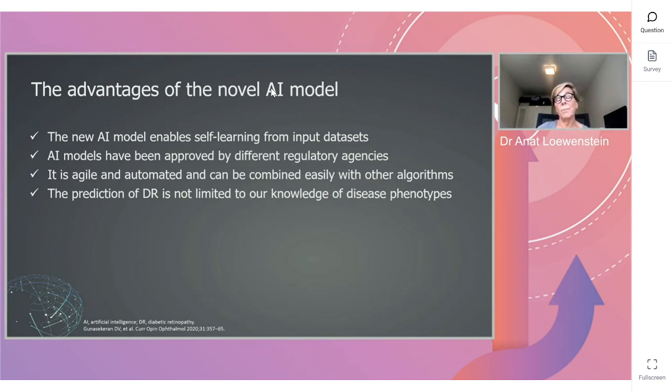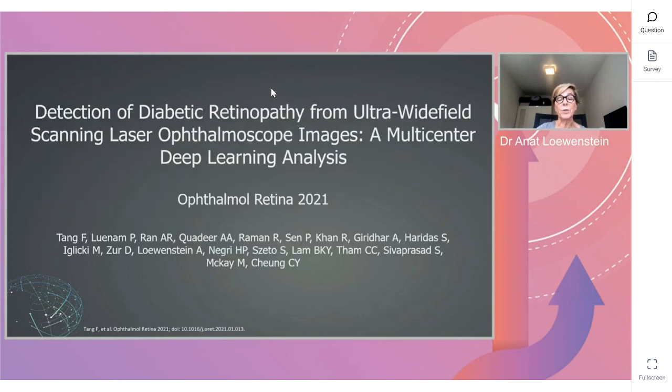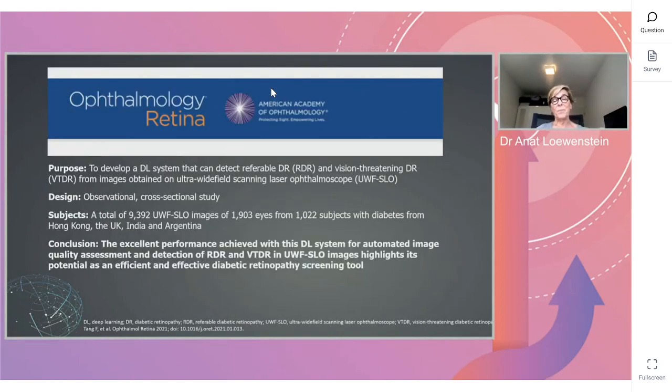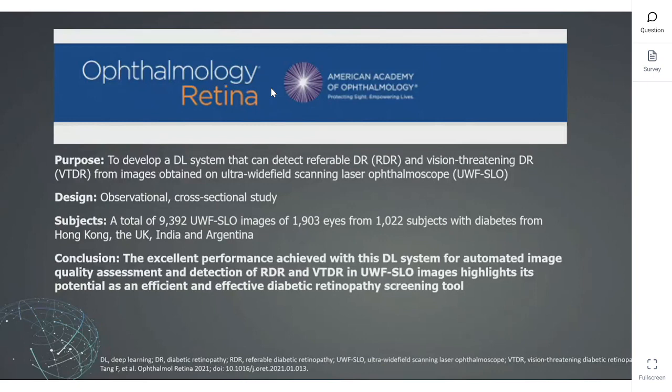Now we are talking about a model that can predict diabetic retinopathy and enable actually the personalized treatment and prioritization of care. There is a big study that was published just recently in February of 2021 that looked at diagnosis and detection of diabetic retinopathy from ultra-wide field scanning laser ophthalmoscope images in a study that we've participated in, and there is another study that looked at that.